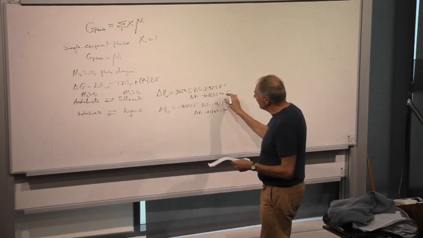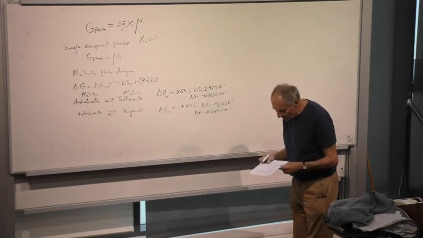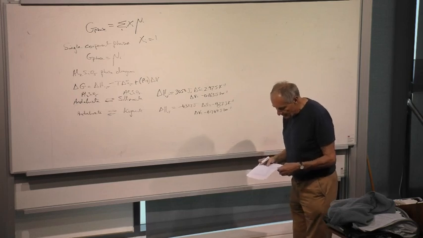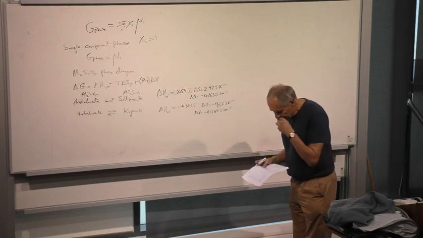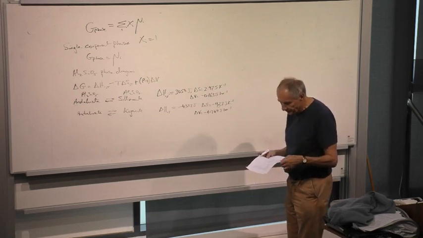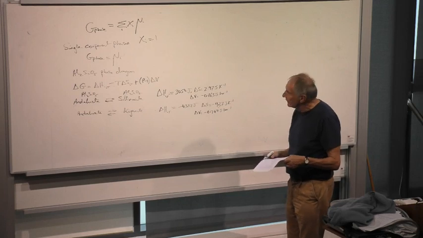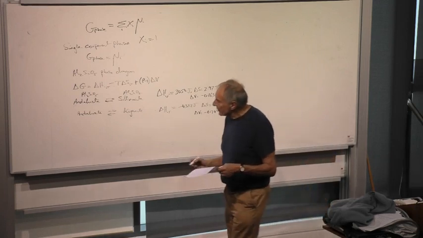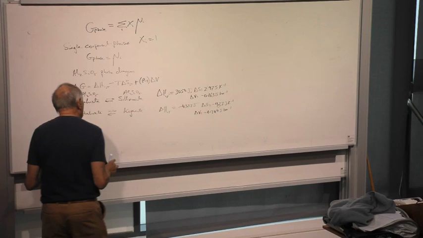On the sheet I gave these in centimetre cubed, but you have to divide by 10 to convert to joules per bar. So the first thing we need to do is get the third reaction, which is kyanite goes to sillimanite.